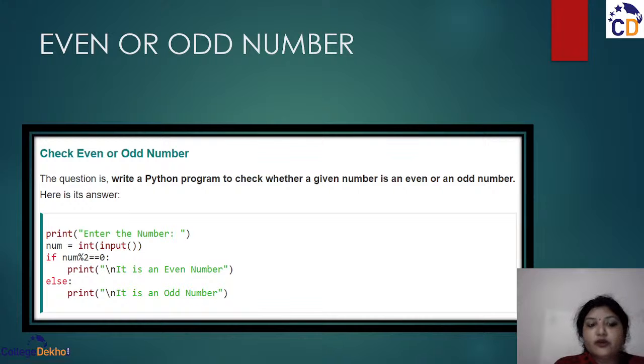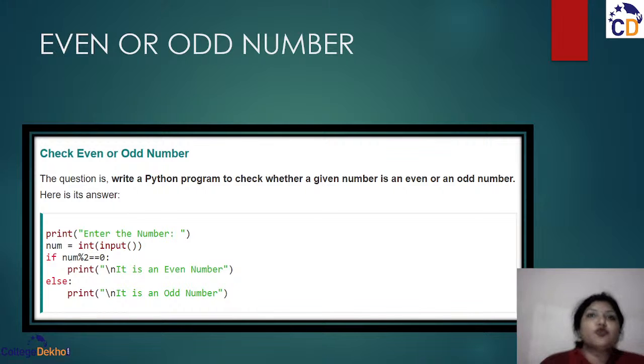In general, we are just checking whether the number is divisible by 2, that is, whether the remainder is 0 or not. For taking the remainder, I told you which operator we are going to use, that is the modulus or percentage operator.